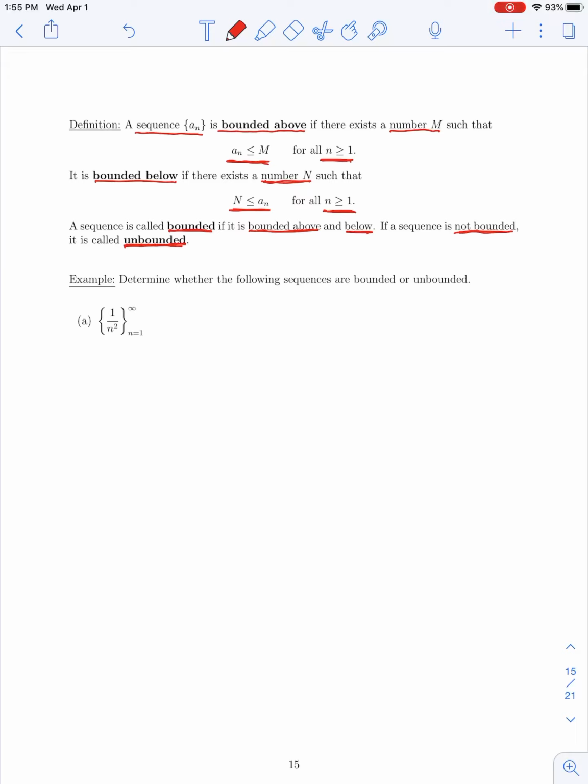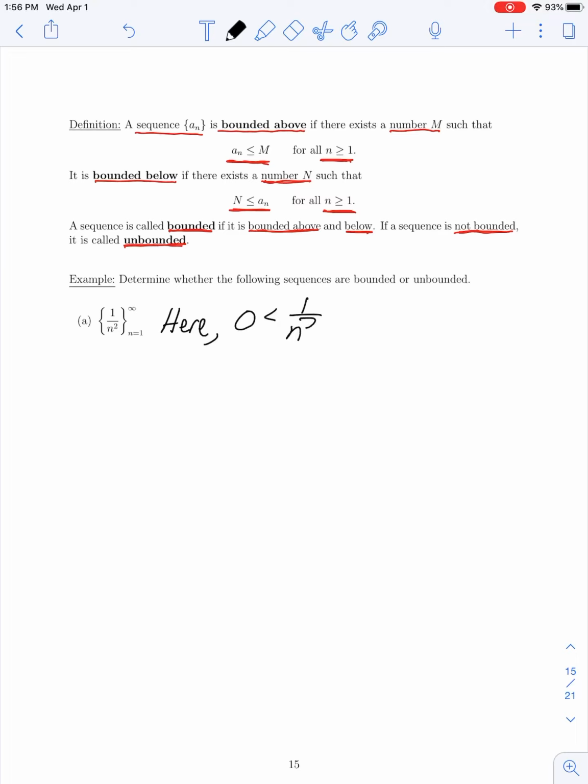So let's look at some examples where we're given a sequence and we are asked to determine whether it is bounded or unbounded. So in our first example, part A, we have the sequence whose general term is 1 over n squared, going from n equals 1 to infinity.